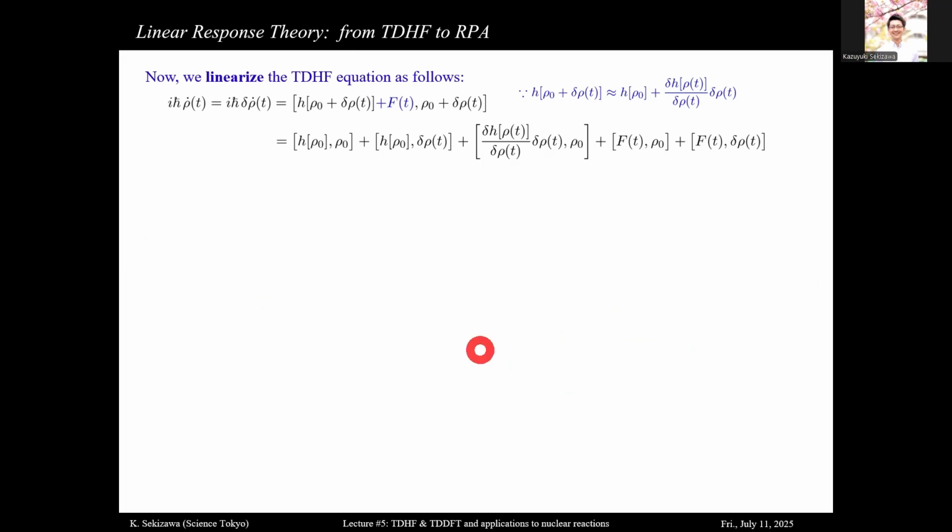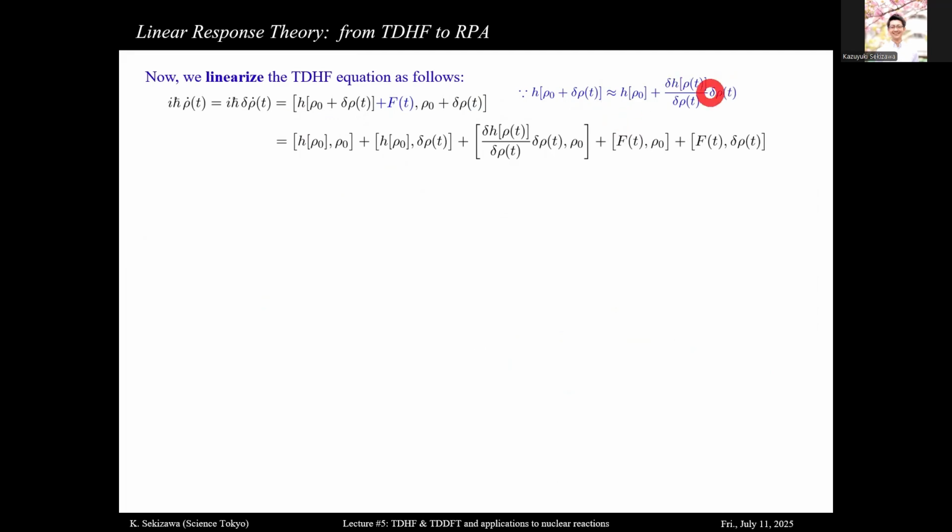Then I will quickly digest how to derive RPA. So the point was, we impose the perturbation on the system, and rho t is assumed to be rho 0 plus delta rho. And we approximate this h of rho 0 plus delta rho. We expand this up to the first order in delta rho.